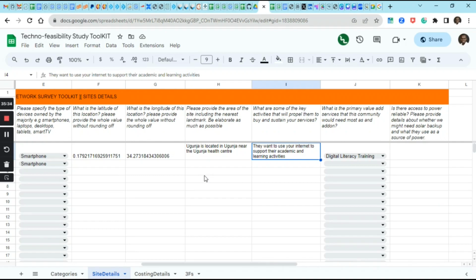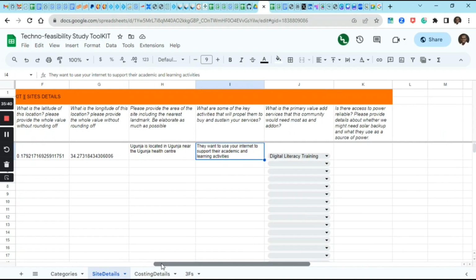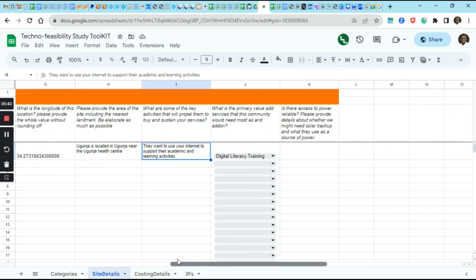The other thing is, what are some of the key activities that will propel them to buy and sustain your services? What do you think really means good for them? Why should they buy? So that question why is you asking them, what would you want to do if I give you internet today? So they will tell you those areas of pain point that they feel.